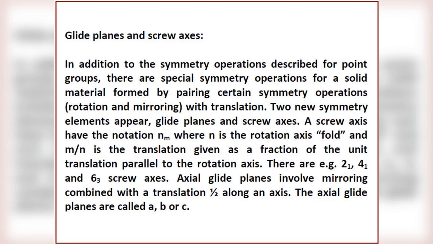For axial glide planes: a, b or c. Therefore, the glide plane and the screw axis are 2 special symmetry operations, rotation and mirroring followed by translation. If it is rotation then translation, it is a screw axis. If it is mirroring and translation, then it is a glide plane.